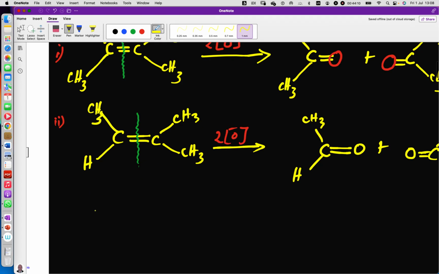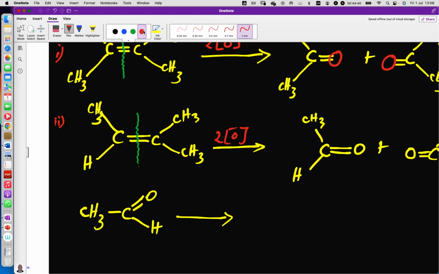We will have a CH3. This is the product that I've written here, the CH3 here. This is the carbon and the double bond. Now it is further oxidized again using our agent.